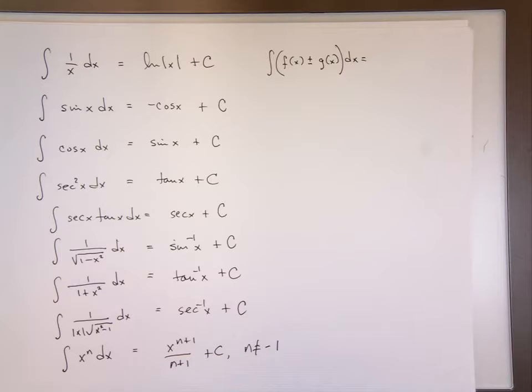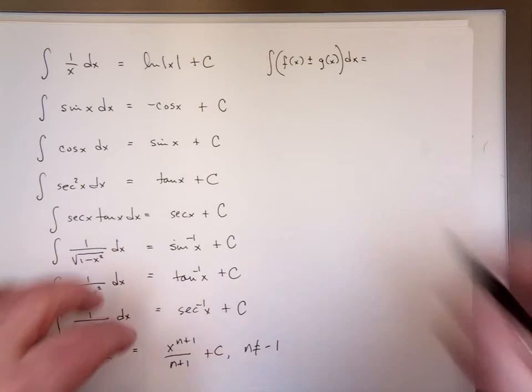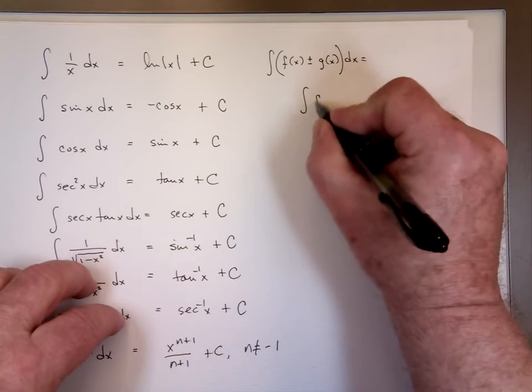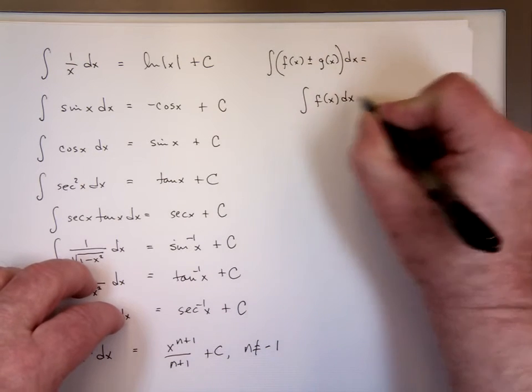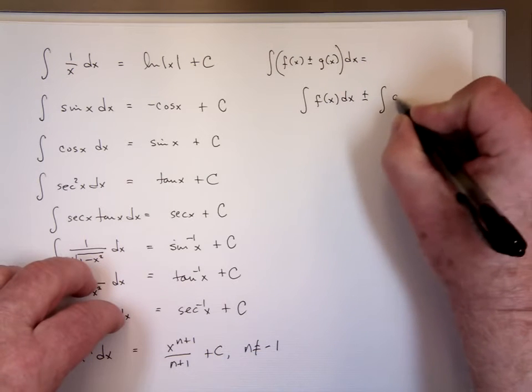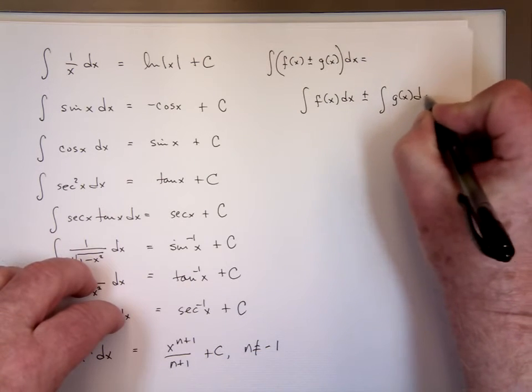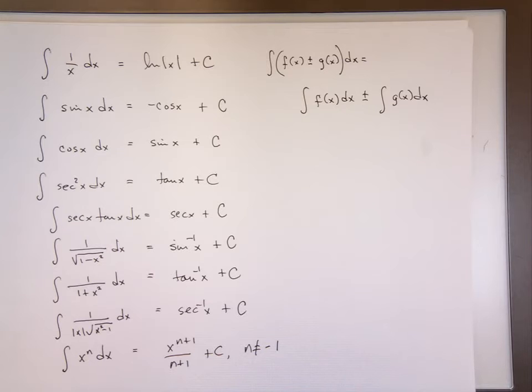Why? Because we check it by taking the derivative, and the derivative of a sum or difference is the sum or difference of the derivatives. Okay. It's a fundamental property.